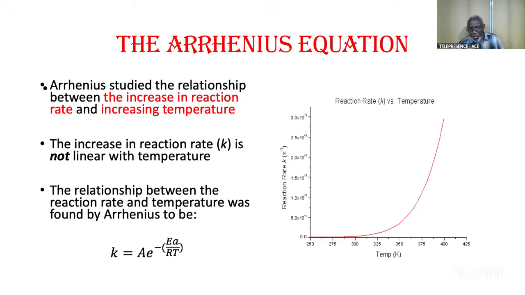And I know you know your maths, so this is an exponential increase. Initially, when the temperature increases, there won't be much increase in the rate. But as the temperature keeps increasing, it will start going until it gets to a place like this, where it will just continue to go like that. This is the exponential increase.